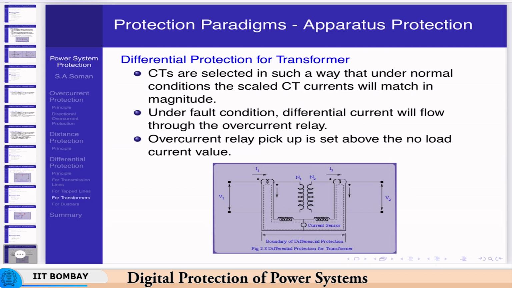Then the turns ratio will be disturbed, and N1 I1 equal to N2 I2 will no longer hold true. In which case the balance will also be lost, and instead of 5 amperes flowing through the primary side CT and the secondary side CT, you will have some other current which will now spill over through the center path.